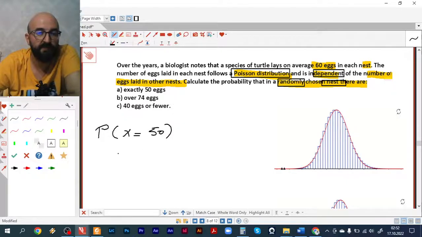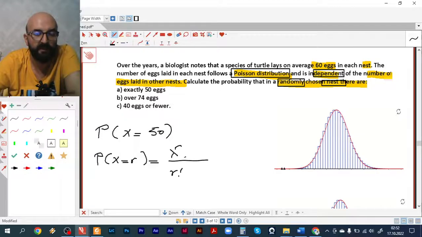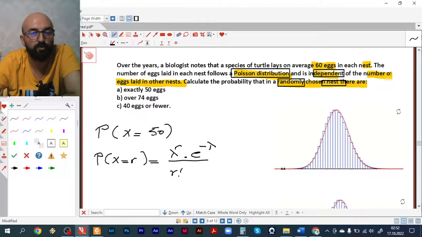If you remember, the Poisson distribution formula is the probability of r equals lambda to the r over r factorial, multiplied by e to the minus lambda, because we want to figure out only one value's probability. So we can use only the Poisson distribution formula.